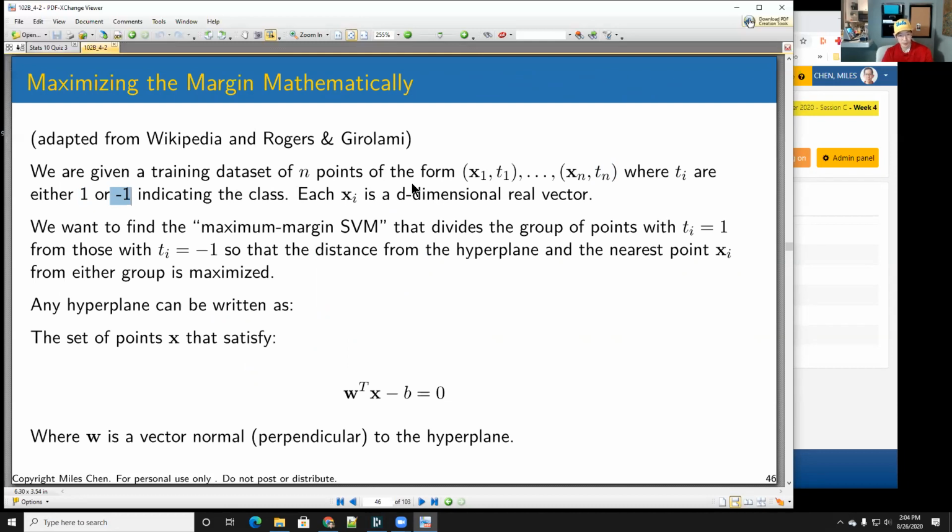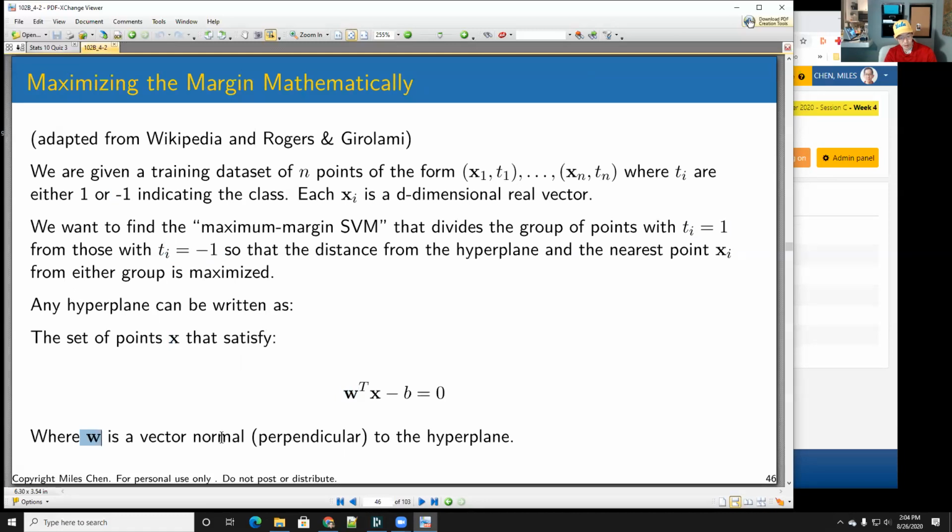And so we need to find the linear boundary so that everything with a positive class and everything with a negative class are properly separated, and that the distance to the nearest point from either group is maximized. Any hyperplane that we write is the set of points x that satisfy some w.